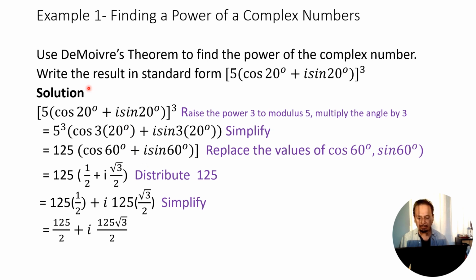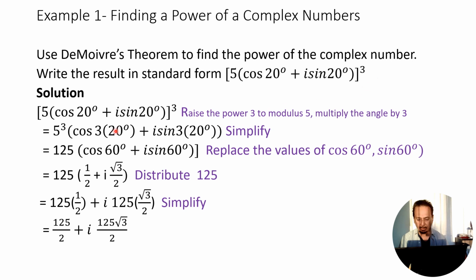Here is example 1, finding a power of a complex number. Use DeMoivre's theorem to find the power of the complex number. Write the result in standard form: 5 times cosine 20 degrees plus i sine 20 degrees, to the power 3.